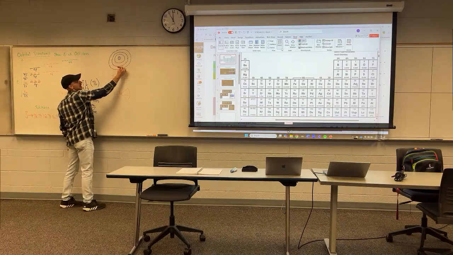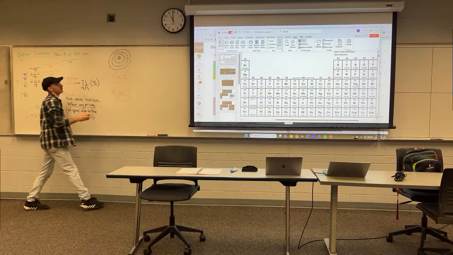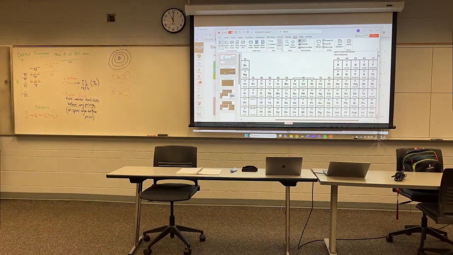Which of these is conveying more information? The orbital diagram or the Bohr model? Why does the diagram display more information than the Bohr model, regardless of which one is easier for you to interpret? Yeah? Ryan, you want to add anything?